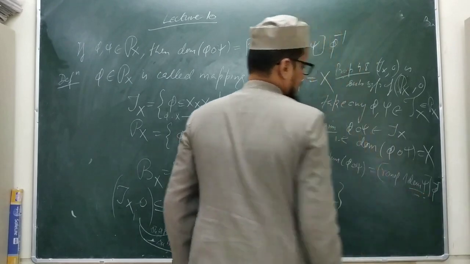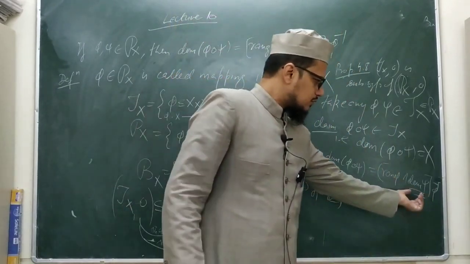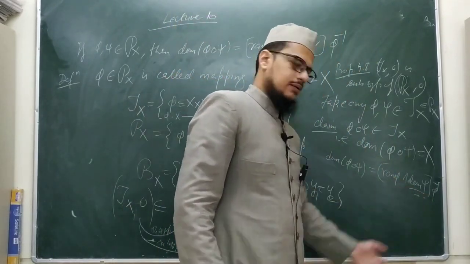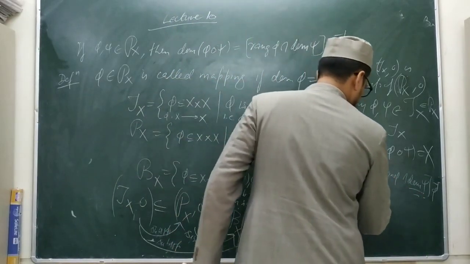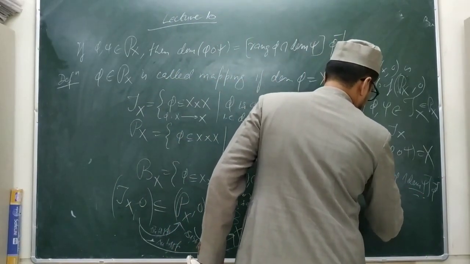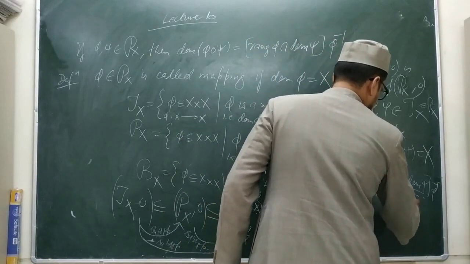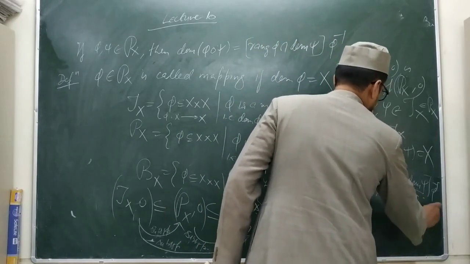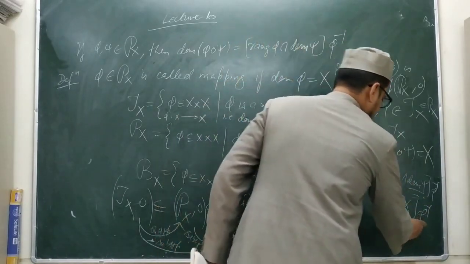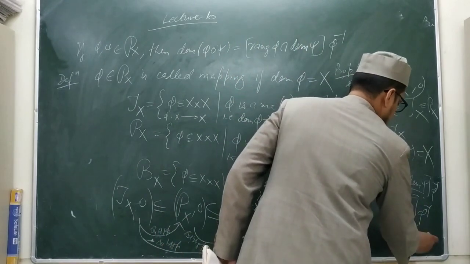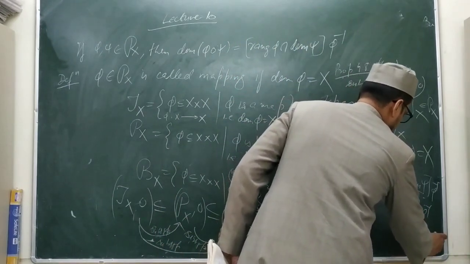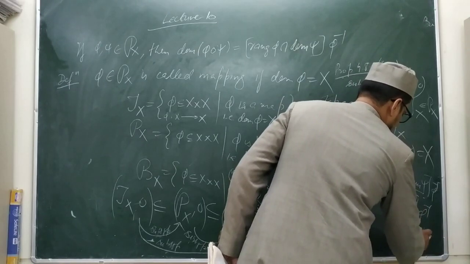Now what is the value of domain psi? Value of domain psi is what? Range phi intersection x phi inverse. Why? You can give the logic since psi is a map.